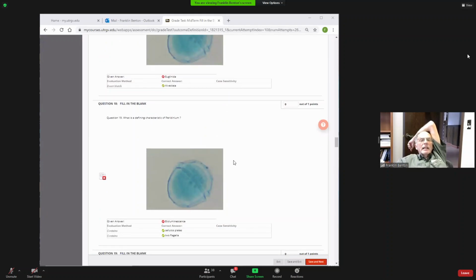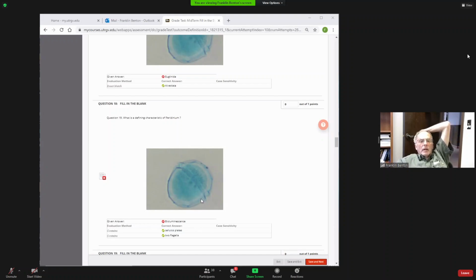What is the defining character of Pyrodinium? Now, this person here put down bioluminescence. That is a correct answer, because when you have massive numbers and you bother them in still water, they'll flash.